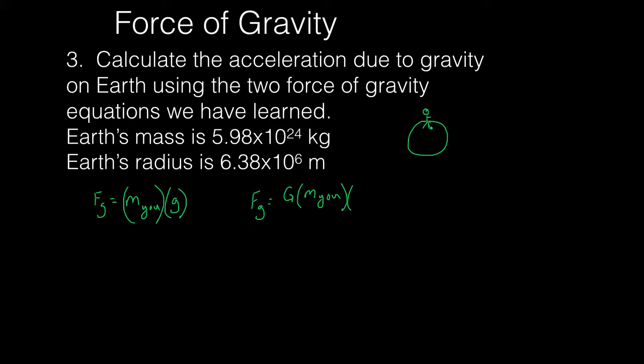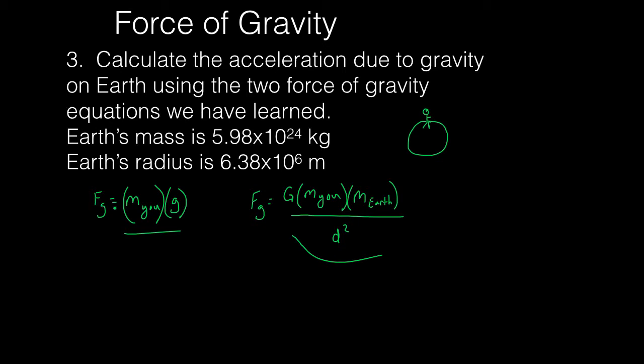Here's you on the Earth, and so the mass of the other object would be the mass of the Earth, mass sub Earth, divided by the distance between you, which would be the Earth's radius squared, so distance squared. And so if you look at this, force of gravity is equal to this term here, and force of gravity is equal to this term.